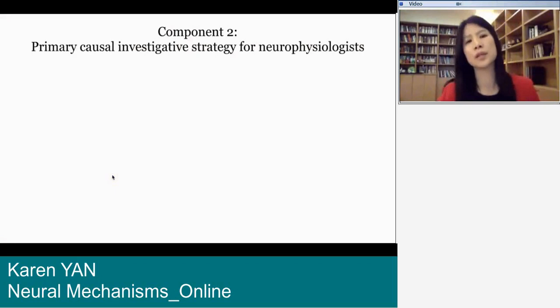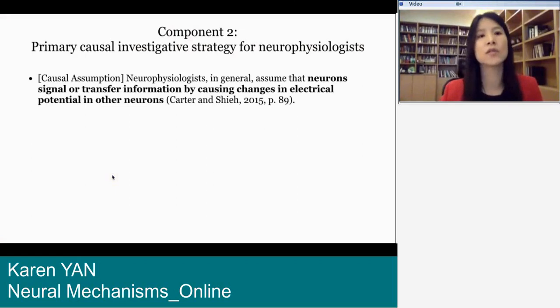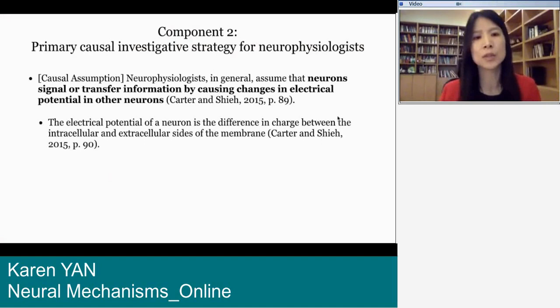Component 2 concerns the primary causal investigative strategy for neurophysiology. Most of neurophysiology works on this causal assumption, which assumes that neural signals transfer information by causing changes in electric potential in other neurons. Just to give you a little bit of background, the electric potential of the neuron is the difference in charge between the intracellular and extracellular side of the membrane.